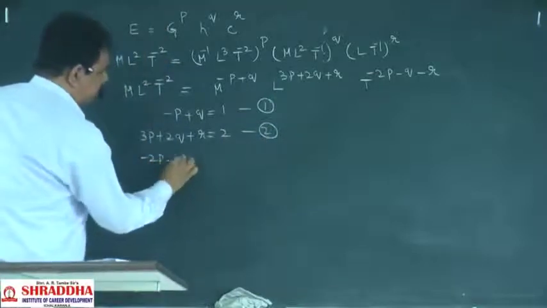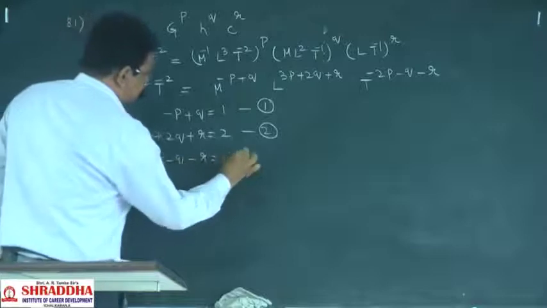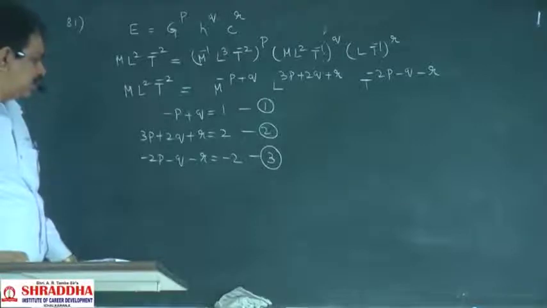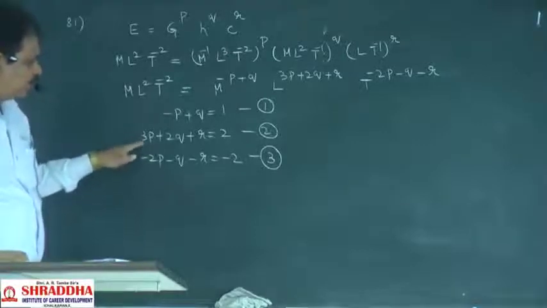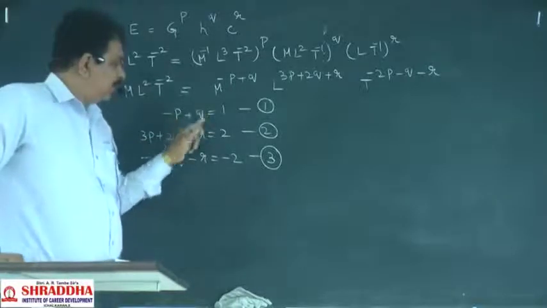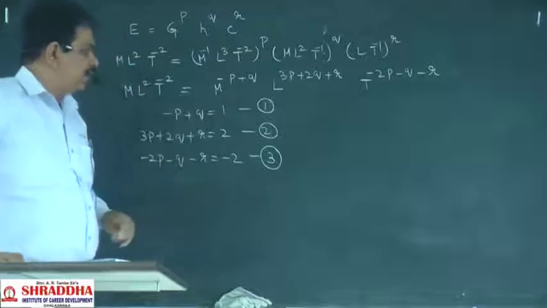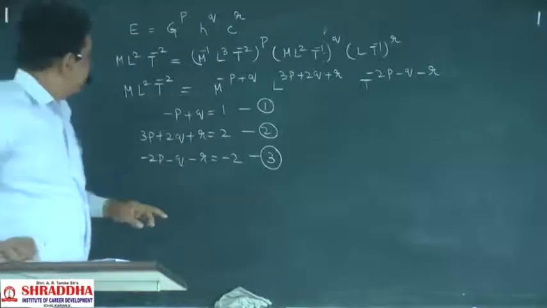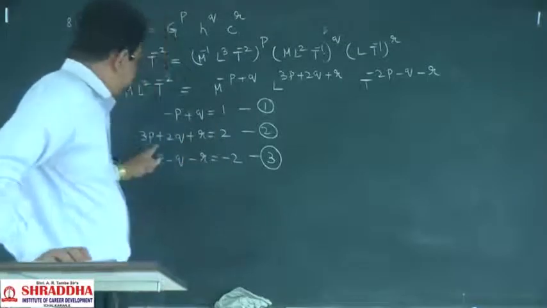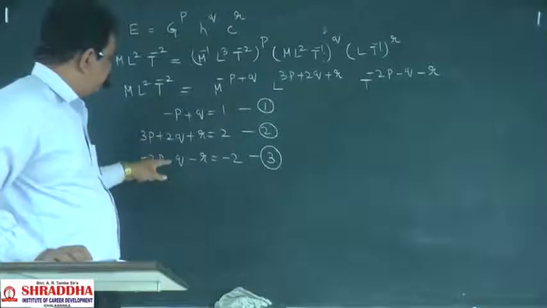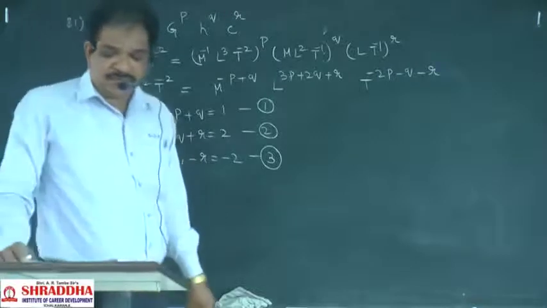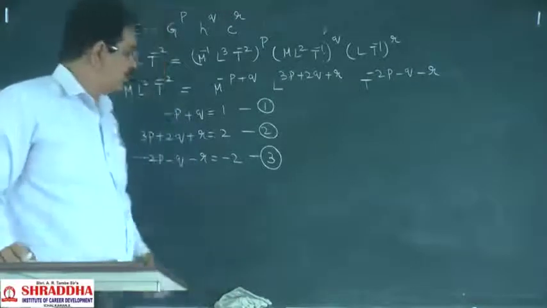Minus 2P minus Q minus R is equal to minus 2. 3 equations we got. If we add these two, we will get one more equation in P and Q. By solving that, we will get P and Q values. Clear? Then, using that, we can find the value of R. Add these two. R will cancel. You will get one more equation in P and Q. Try to do that one.